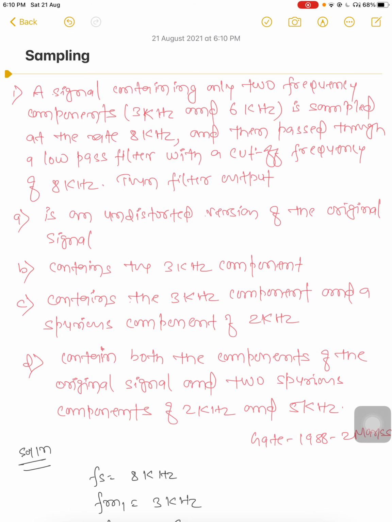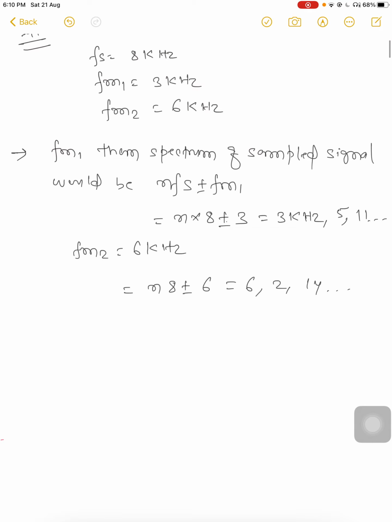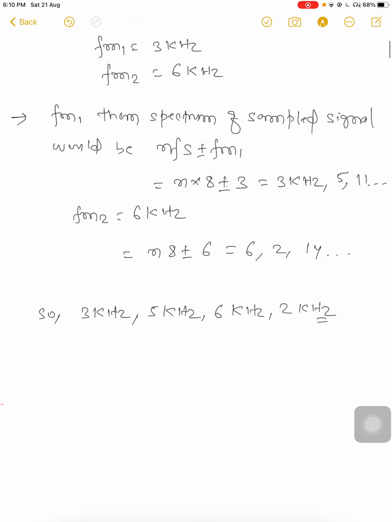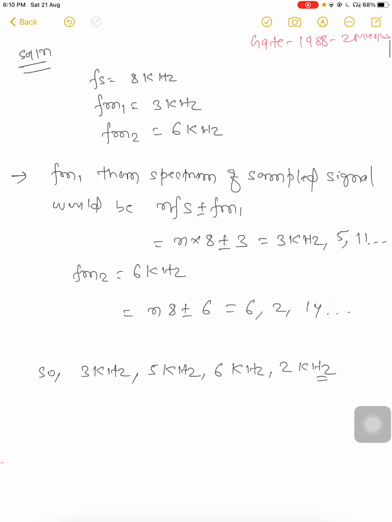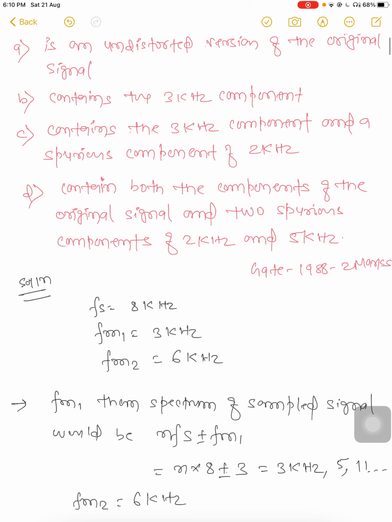The cutoff frequency of the low pass filter is given as 8 kilohertz. Below 8 kilohertz all the signal will be passed. So 3 kilohertz will pass, 5 kilohertz will pass, 6 kilohertz will pass, and 2 kilohertz will pass.